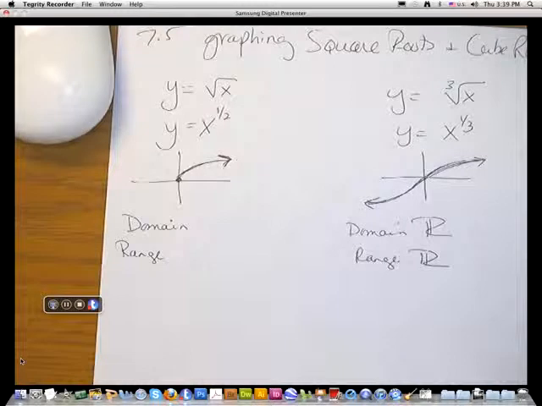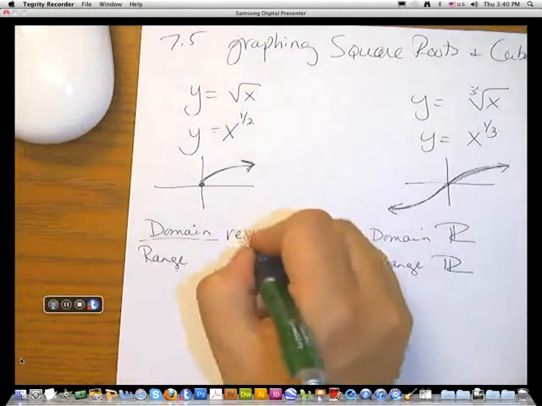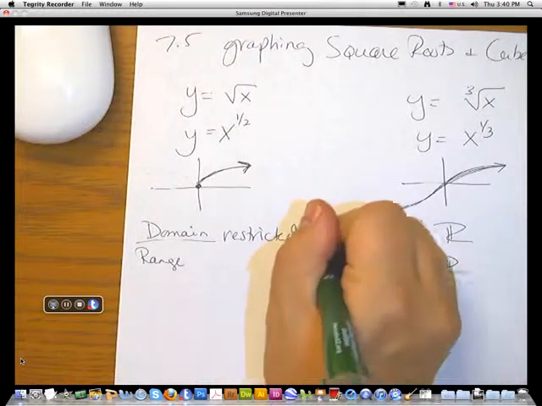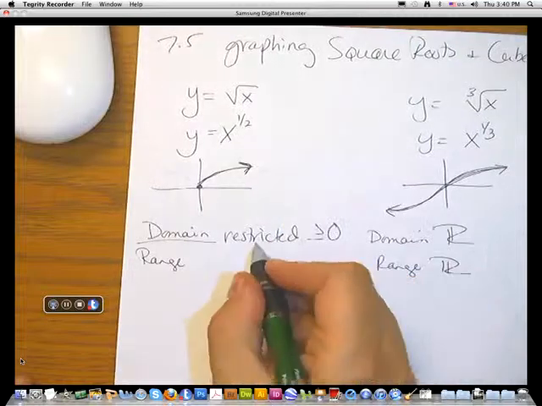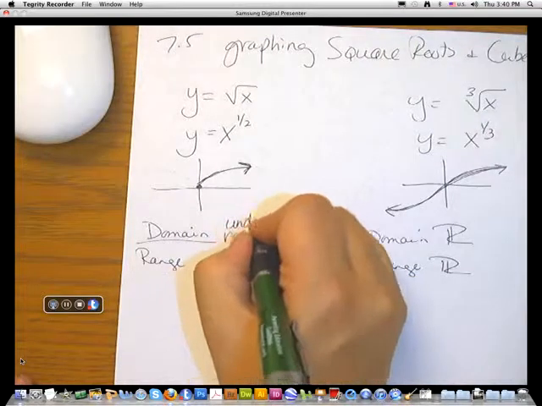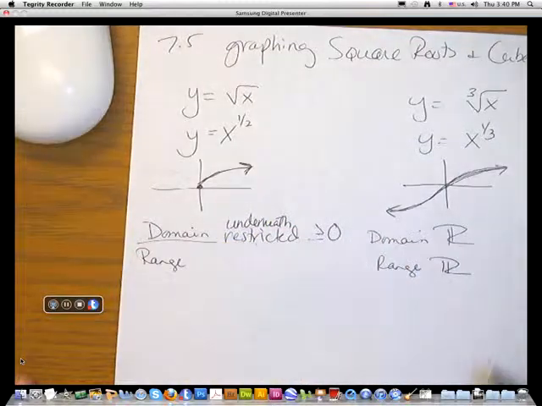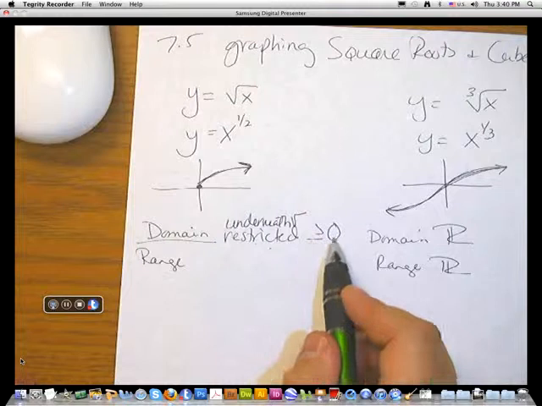When it comes to square roots, however, the domain is restricted to greater than or equal to 0. And what I mean by that is the underneath of the radical is restricted to greater than or equal to 0.